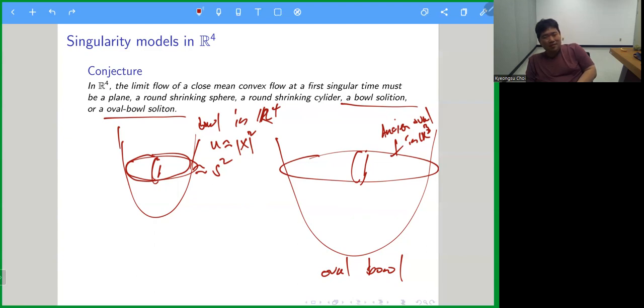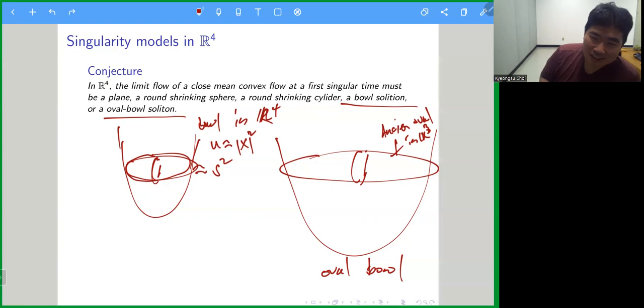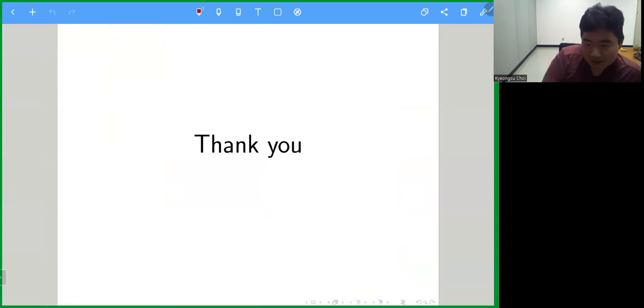No one knows if there is actually some example whose limit flow is an ancient oval or not. But there is no evidence that there is no such an example. So this was an interesting question, to find the example or to show the ancient oval does not arise. Okay, thank you.